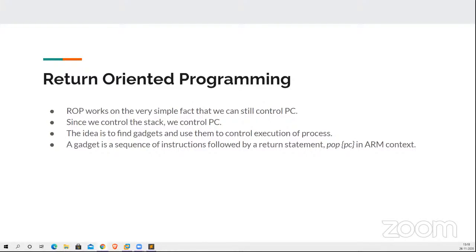The idea here is to find gadgets and use them to control execution of a process. Now the question comes, what is a gadget? A gadget is a sequence of instructions followed by a return statement or a pop PC instruction in the ARM context.